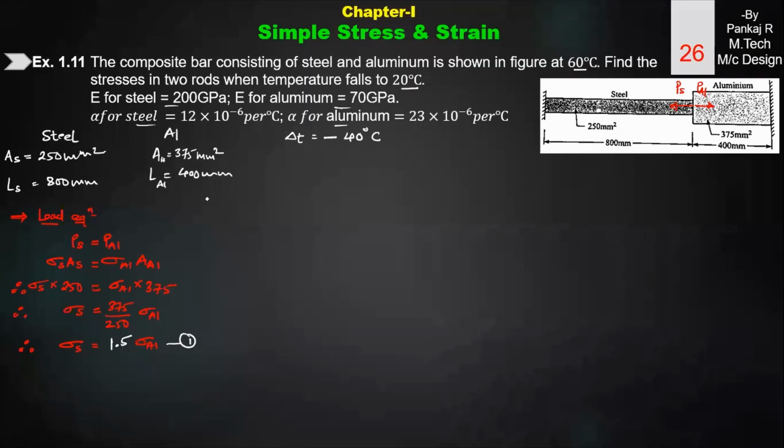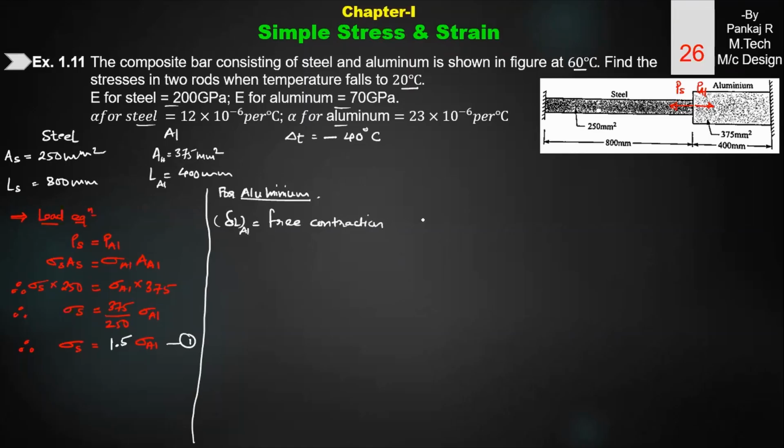How to go about the second equation? How will you write down the deflection of aluminium? Let's say for aluminium I'm writing. For aluminium, what is the net deflection? Deflection for aluminium is free contraction. Instead of expansion, I am writing contraction now.